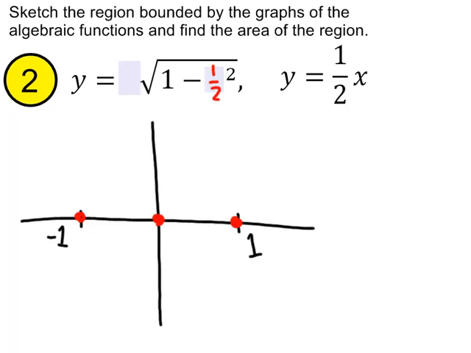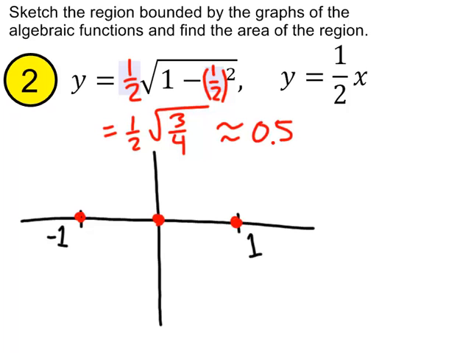Let's plug in 1/2. That would give us, let's see, 1/2 times the square root of 1 minus 1/2 squared, which would be 3/4, right? And if you're really in the mood for some ballpark estimating, we might say that's about equal to 0.5 times the square root of 0.75. In fact, that's not only about equal, that's exactly equal.